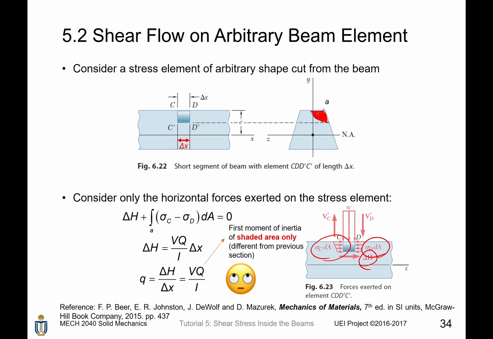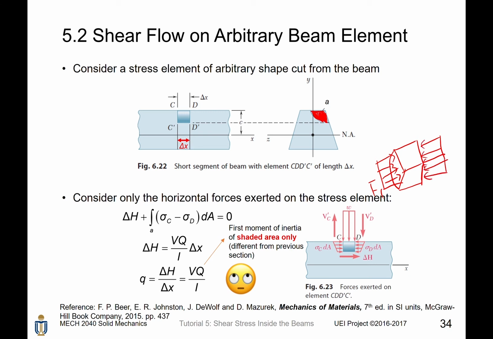So still, we only consider the horizontal forces exerting on the stress element. For this stress element, it looks like this. Hope that you can feel comfortable with this drawing. The stress element has a distribution of F1 as well as a distribution of F2.